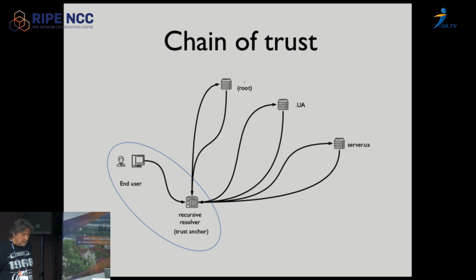If the recursive resolver is validating, it enables you to make sure that the final reply is fully in line with what is written there. So there was no counterfeit on the road.